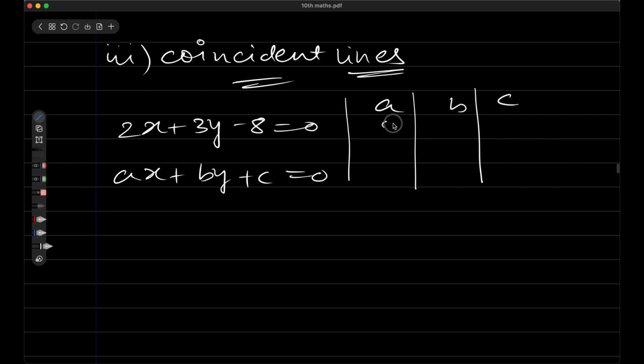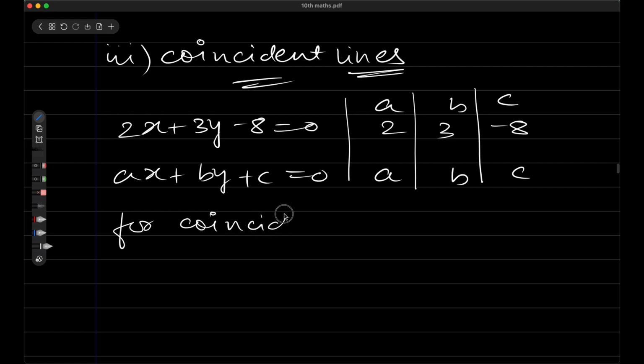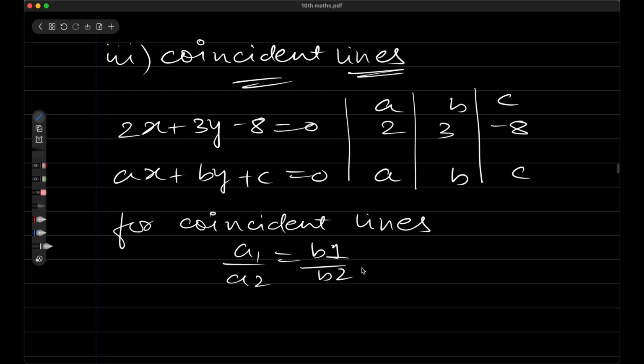For the first equation it is 2, 3 and minus 8. For the second equation it is a, b and c. For the coincident lines, we know the relation, that is a1 upon a2 equals b1 upon b2 equals c1 upon c2.